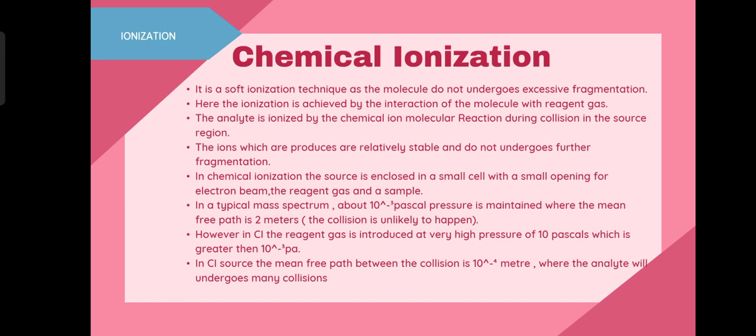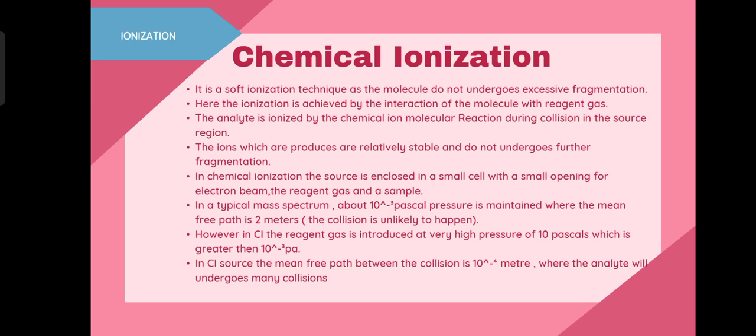At such a long distance, there is less chance of collision to happen. Therefore, in chemical ionization, the reagent gas is introduced at a very high pressure, approximately 10 pascal, which is greater than 10 raised to power minus 3 pascal.